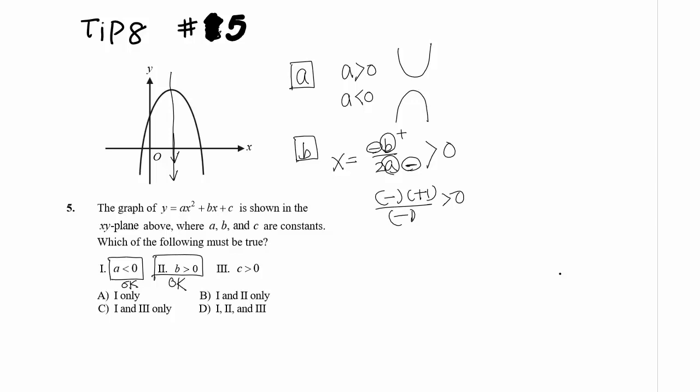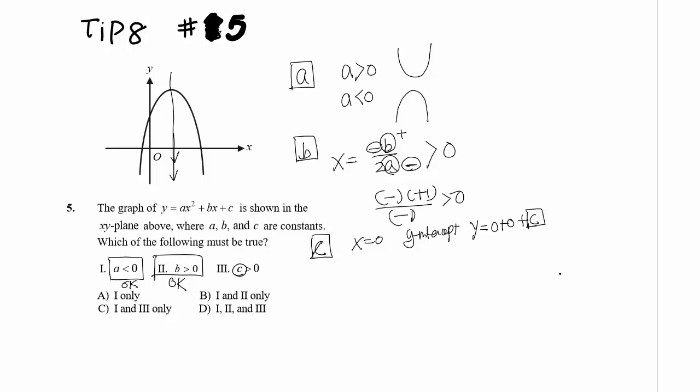What about c? c is the y-intercept, when x equals 0. y equals a times 0 squared, which is 0, plus b times 0, which is 0, plus c.